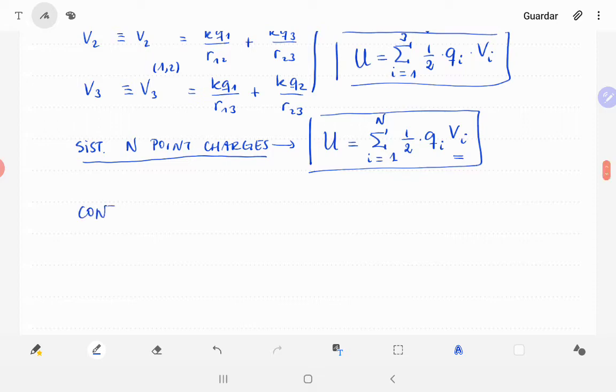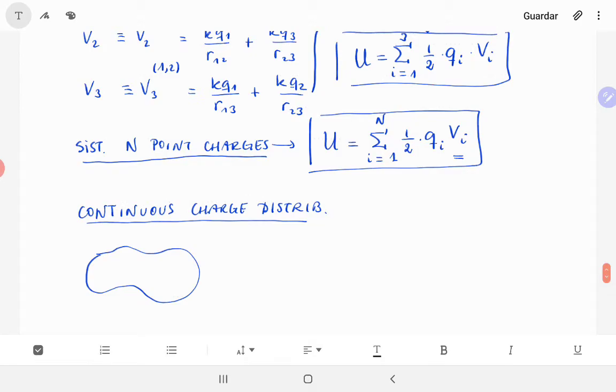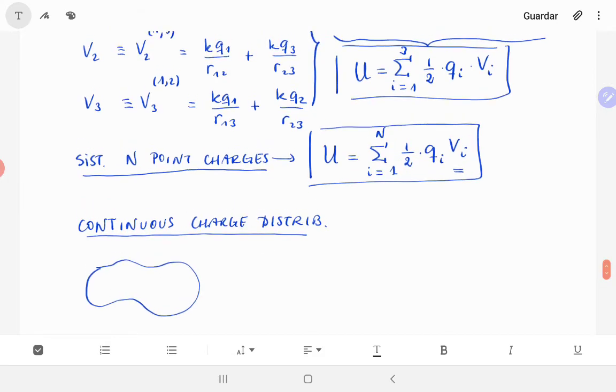So for a continuous charge distribution, now you imagine this continuous charge distribution here, and we're going to do something very similar to what we've been doing. Remember that for point charges, we've been bringing each point charge from infinity in a way that we've been changing the electric potential.